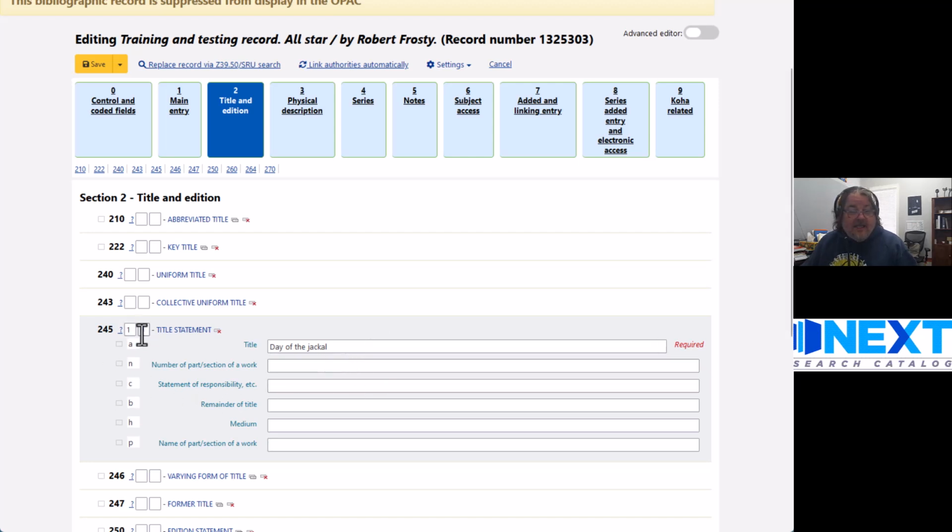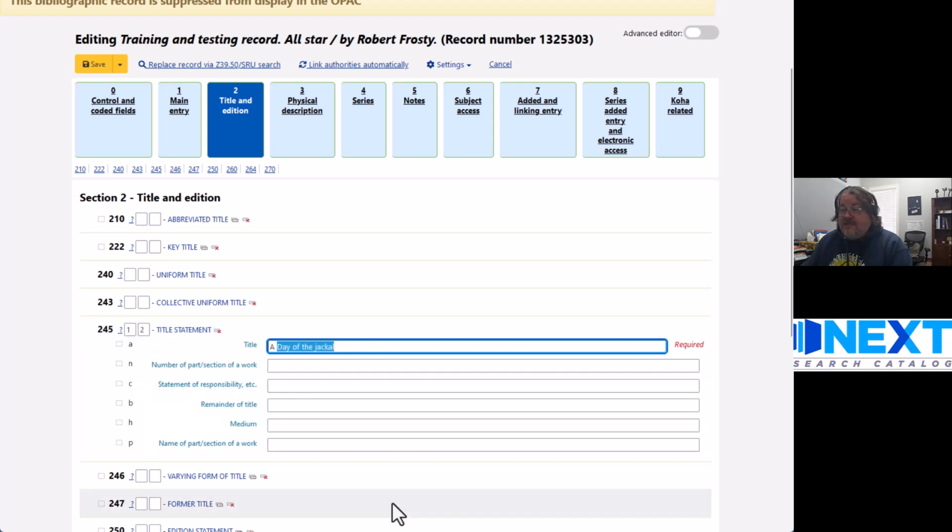The second indicator is the alphabetization indicator. What the second indicator does is, if this was called A Day of the Jackal, it would start with an article. Articles aren't alphabetized. So if we take the cursor out of there, it's going to put a 2 in this box because the first 2 spaces in that title are not alphabetized.